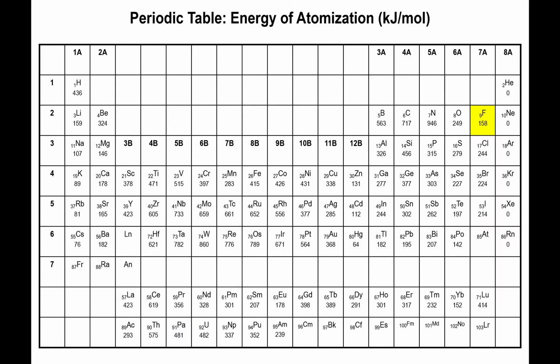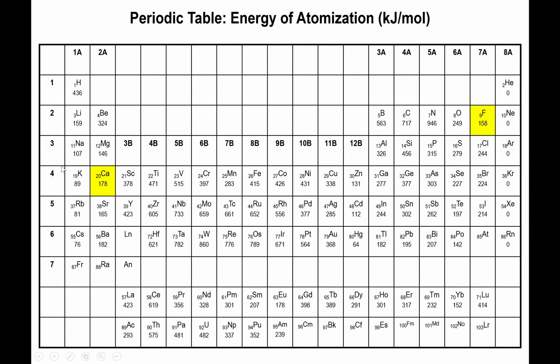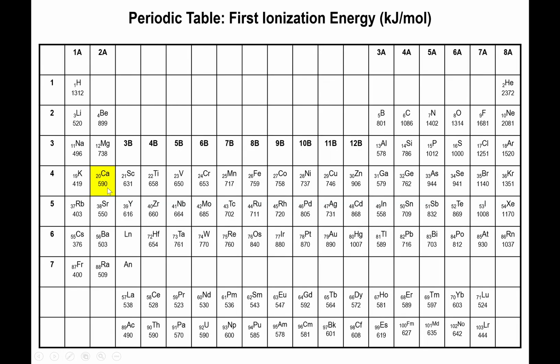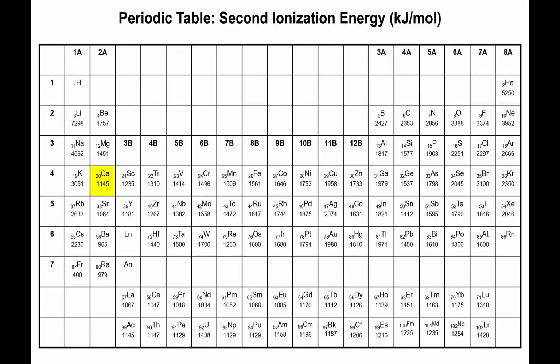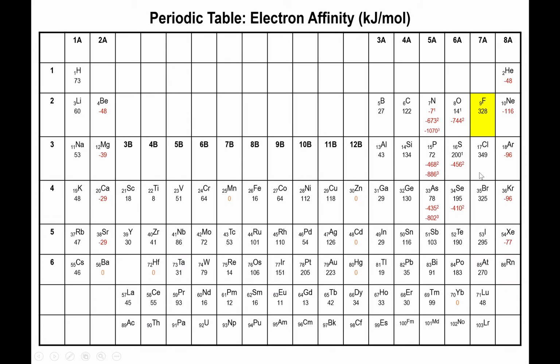So you look up the values. The bond dissociation enthalpy of fluorine is 158. The enthalpy of sublimation of calcium is 178 kilojoules per mole. The first ionization energy of calcium is 590 kilojoules per mole. The second ionization energy is 1145 kilojoules per mole. And the electron affinity of fluorine is 328.